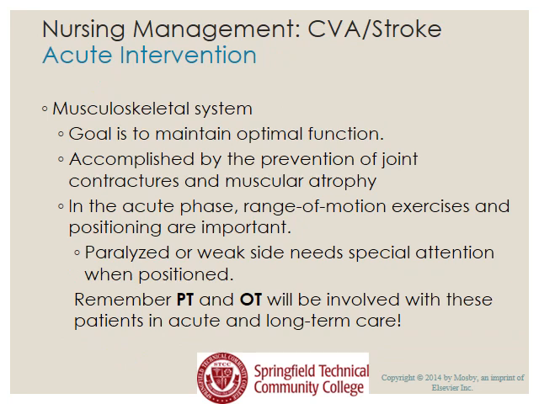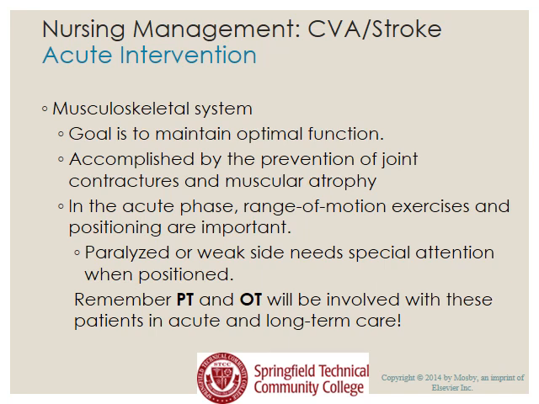So for patients with motor deficits, that's oftentimes the most obvious deficit in a stroke. Your goal is to maintain optimal function of the patient's motor system. This is accomplished by the prevention of joint contractures and muscular atrophy. In the acute phase, range of motion exercises and positioning are very important.